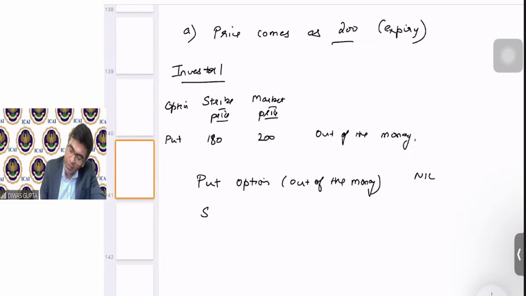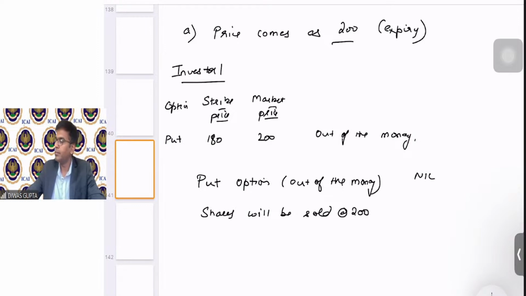However, shares purchased will be sold now. Shares will be sold at the rate of 200. Okay, Tanisha. Perfect. You got your issue sorted. Okay, so shares will be sold at the rate 200.